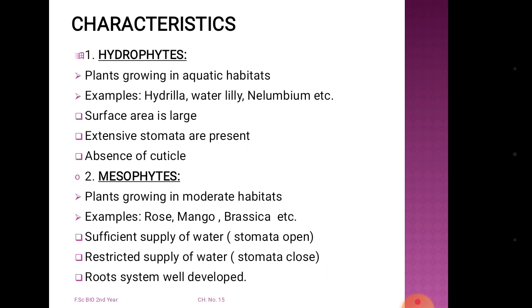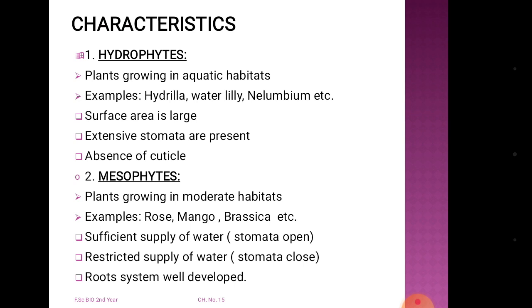In the case of mesophytes, plants growing in moderate habitats, examples are the rose plant, mango, and brassica. Some of the adaptations we can see are that there is a sufficient supply of water. When the stomata open, they transpire the water, water vapors are removed from the cell, and then they carry on their process.